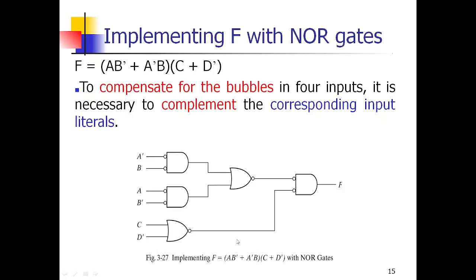Another easy way: if we have the product of sum of a Boolean function, then it is very easy to implement with NOR gates.